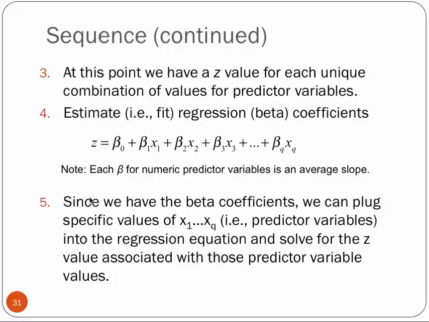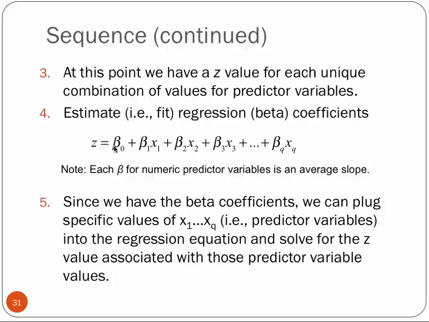So now we should have figured out what these beta coefficients are. The software has done its job. We gave it a known Z. We gave it series values of known X's, and we said fit the B's. Find the beta coefficients that are going to make that fit the best.